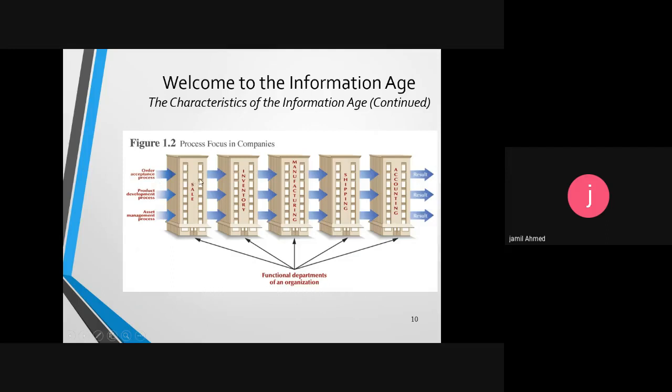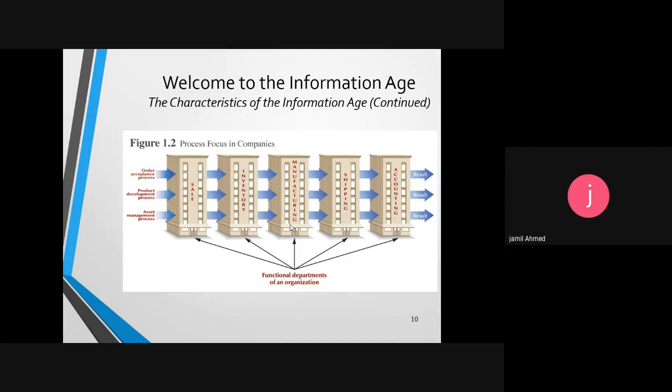Order acceptance is there, the whole can process and produce a result. Product development processes involve whole departments, and there is the asset management process. These are some examples, but all of these are involved in functional organizations.